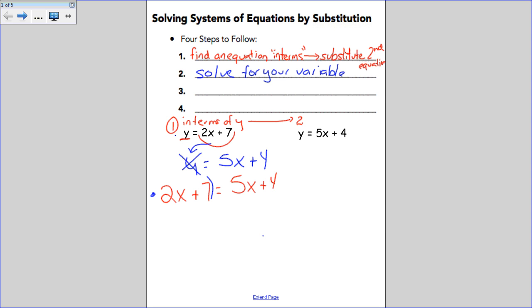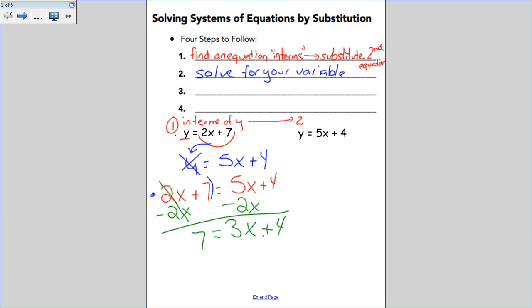Good, let's combine like terms. Remember that phrase, combining like terms? I'm going to subtract 2x from both sides to do this. And my new equation from here is 7 equals 3x plus 4.